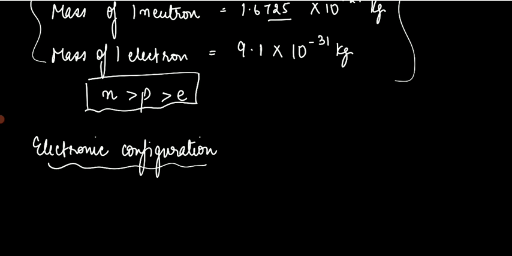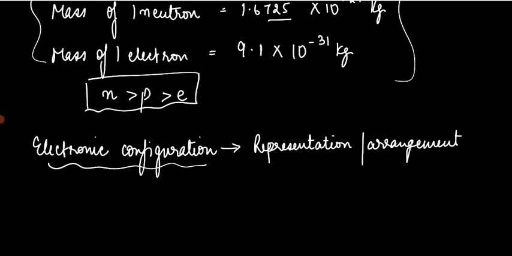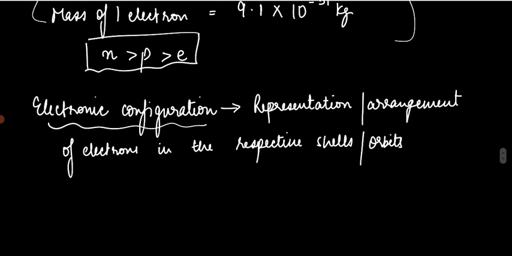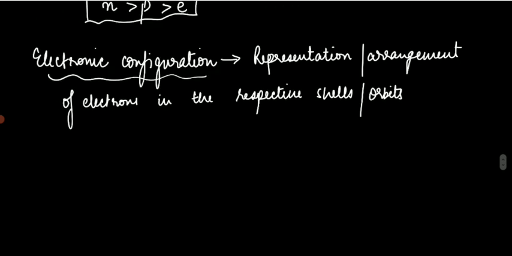So electronic configuration is nothing but the representation or arrangement of electrons in the respective shells or orbits. So now we have shells inside an atom.